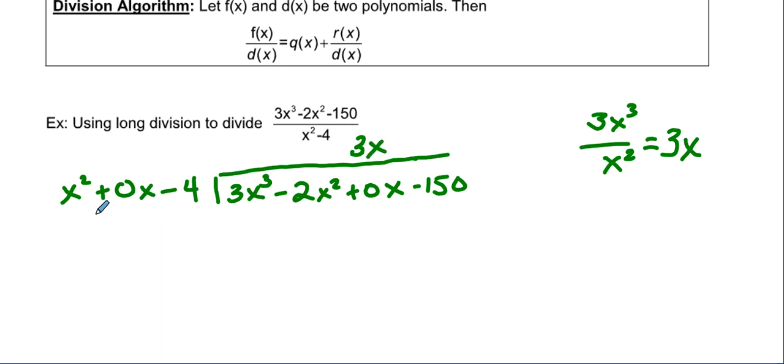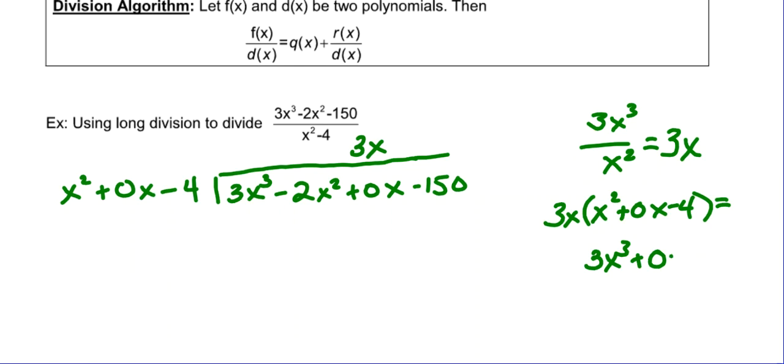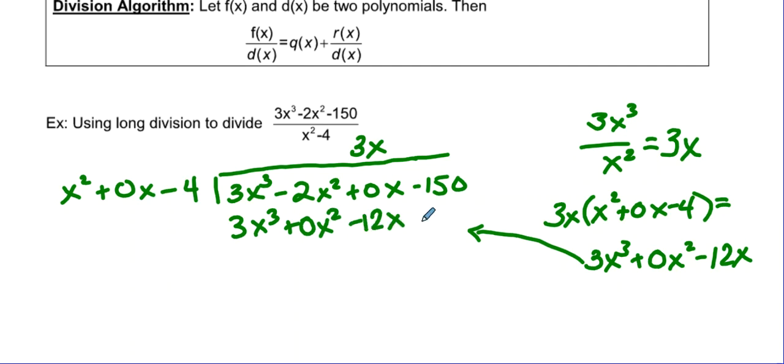Next, you multiply the 3x times the x squared plus 0x minus 4, and distribute that. So you'll get 3x to the 3, I still have 0x squared, and then minus 12x. And then that is going to go back over here, 3x to the 3 plus 0x squared minus 12x. And then you subtract.